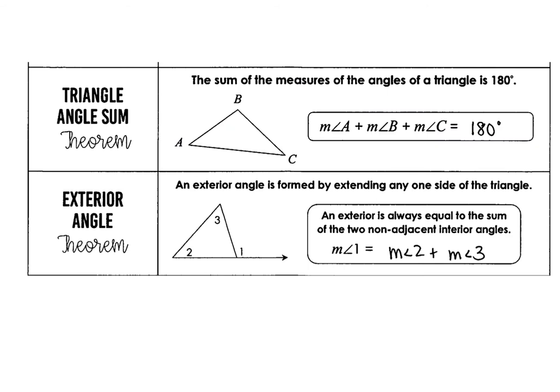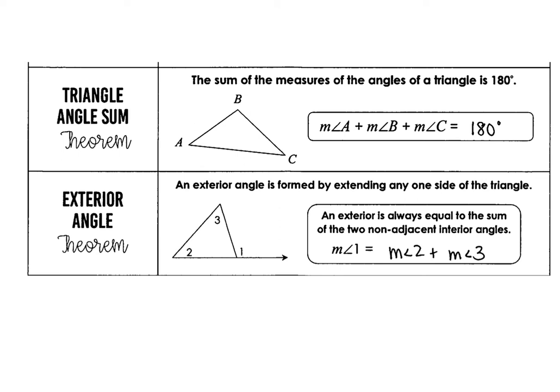All right, the first theorem that we look at here is the triangle sum theorem. Triangle angle sum theorem. This theorem tells us that every single triangle has 3 angles that add up to 180 degrees.